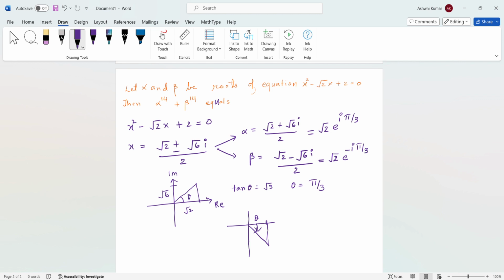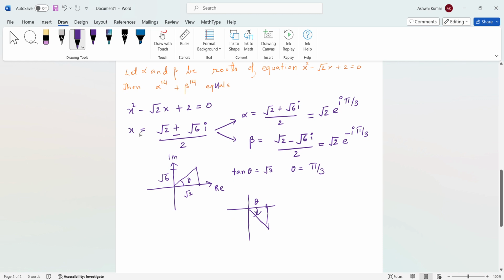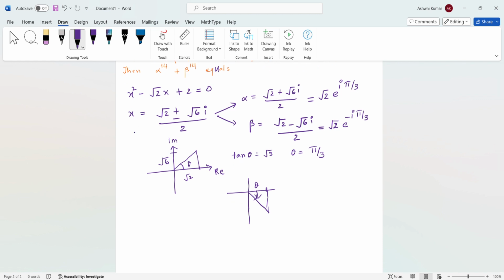Now that we have both the roots, we can substitute. Alpha to the power 14 will be root 2 to the power 14 into e to the power i 14 pi by 3, plus root 2 to the power 14 into e to the power minus i 14 pi by 3.